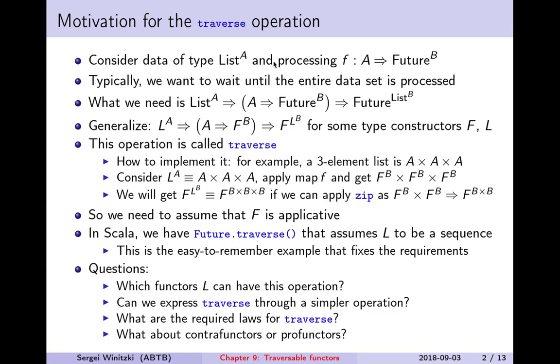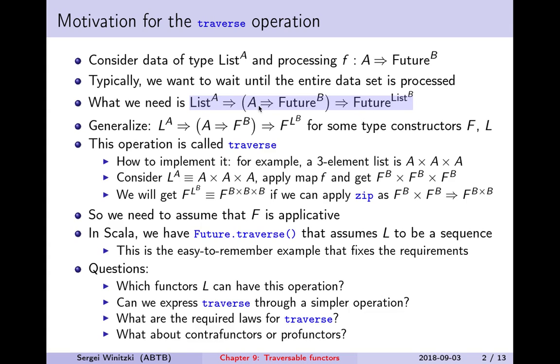So you have many separate computations for each element of the list, encapsulated by the future for each one of them. And you want to wait until the entire list is done. And basically, this is the type signature that you want in order to implement this computation.